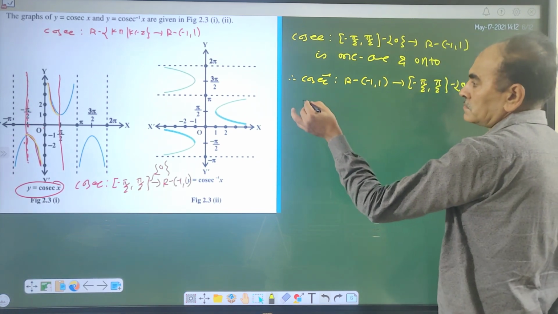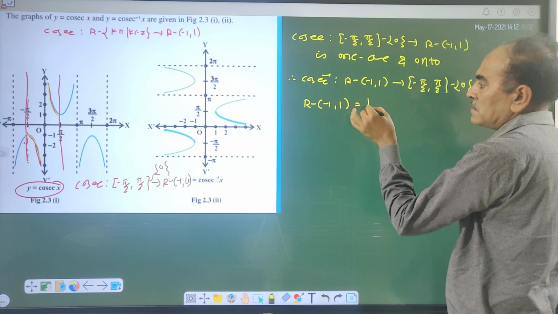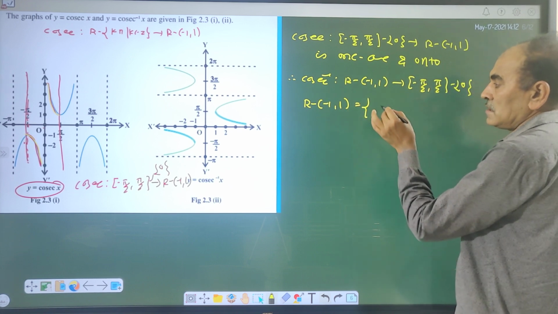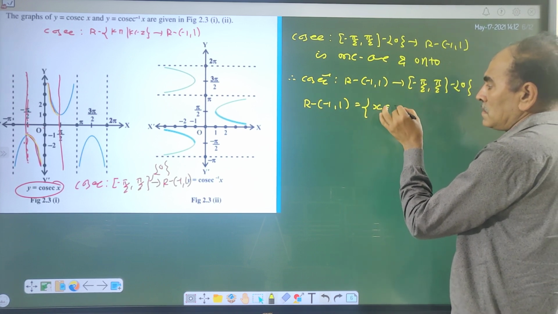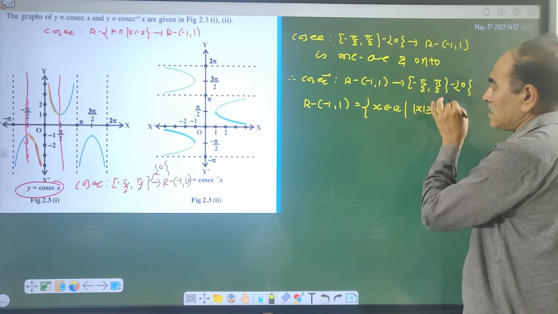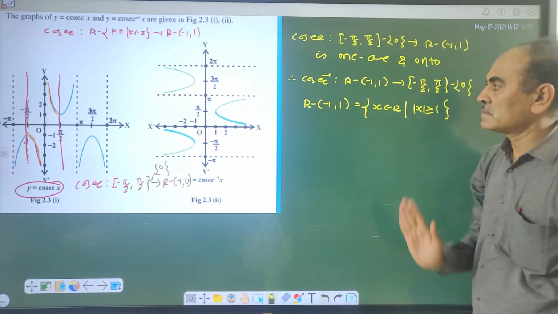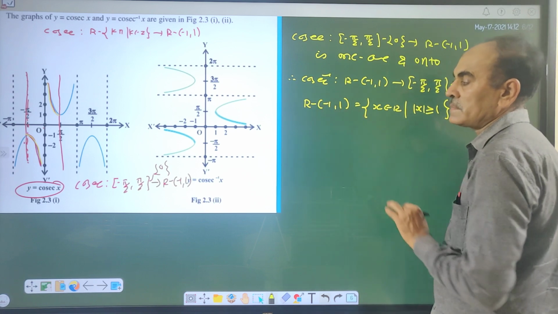Now see, how we write R minus the closed interval minus 1 to 1 is nothing but all the real numbers for which mod x is greater than or equal to 1. That is, 1 or 2 or more, or minus 1 or less, that is, other than the closed interval minus 1 to 1.